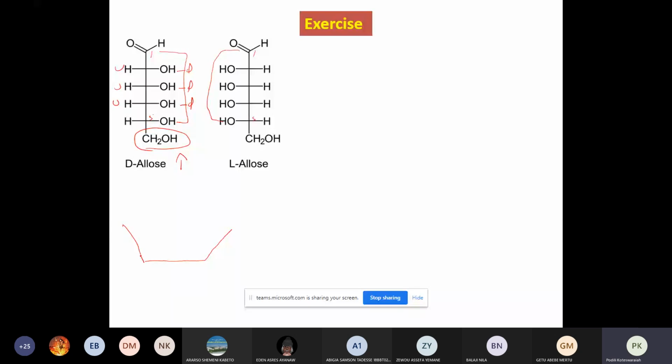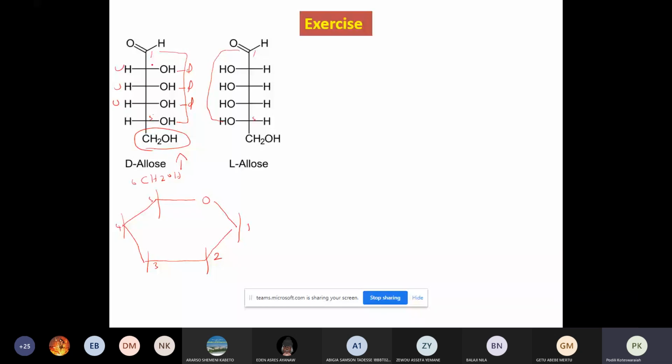This is the 6-membered pyranose structure, because only the pyranose form is more stable in case of aldoses. And so this is the carbon 1, this is the carbon 2, this is the carbon 3, and 4 and 5, and this is the CH2OH. This is the 6th carbon.